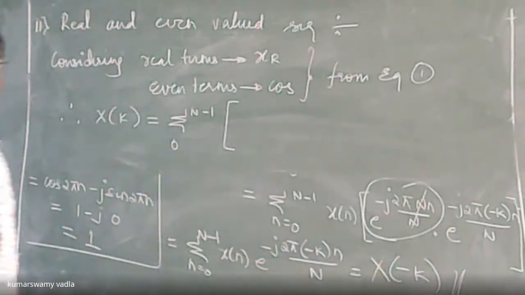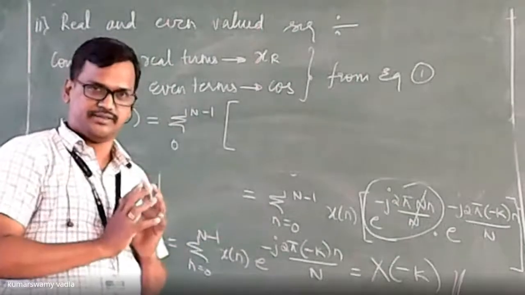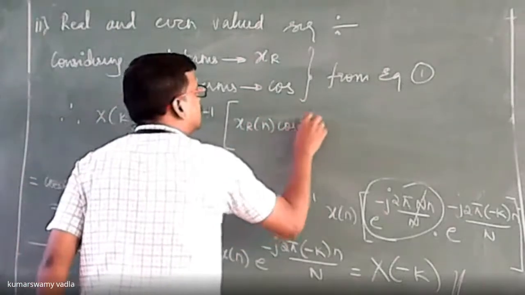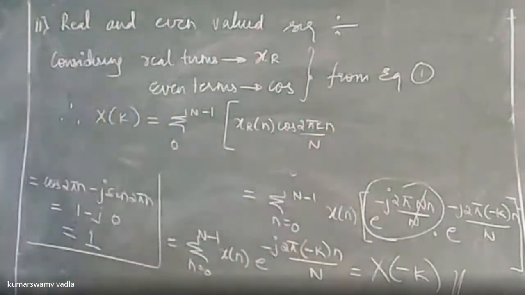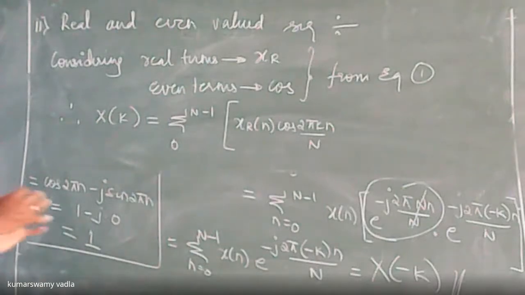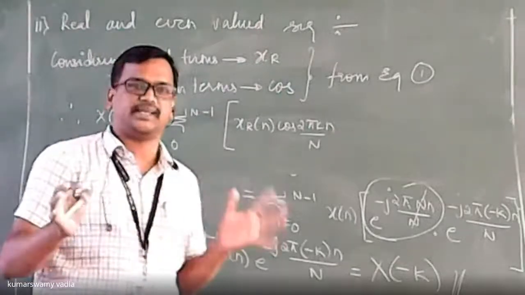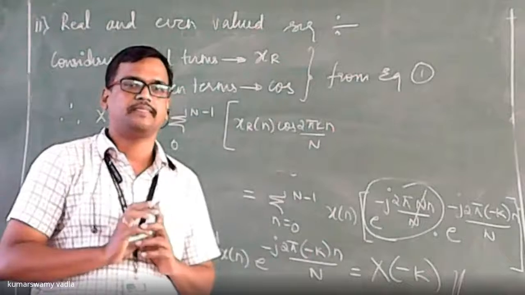I should write that, or I should consider it, or no? Yes or no? I should consider it. xr of n cos 2 pi kn divided by N. What is second term, please? Minus j xr into sine term, sister. Neglect that. Yes or no? Yes, sir.